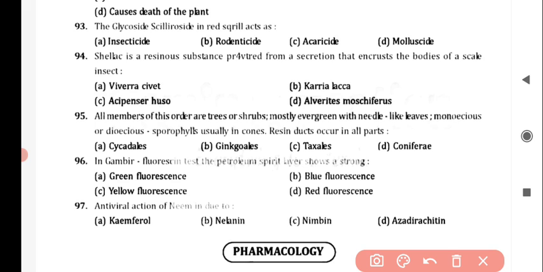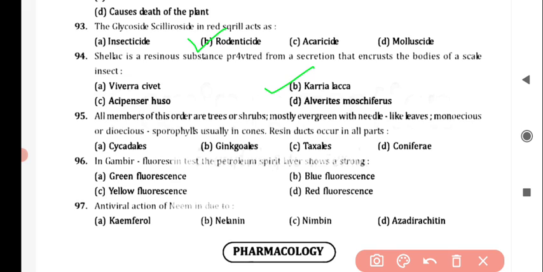Next question is the glycoside scilliroside in red squill acts as, and the correct answer is option B, rodenticide. Next question is shellac is a resinous substance prepared from a secretion that encrusts the bodies of a scale insect, and the correct answer is option B, Kerria lacca.